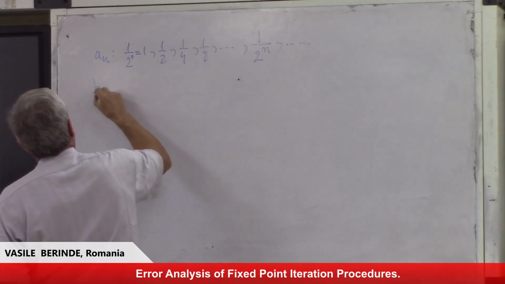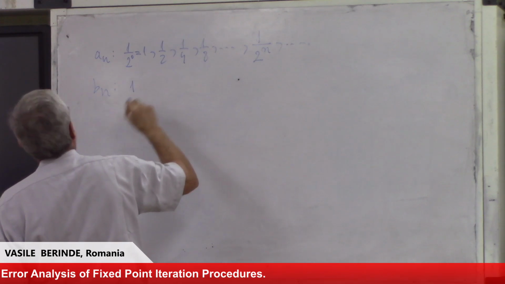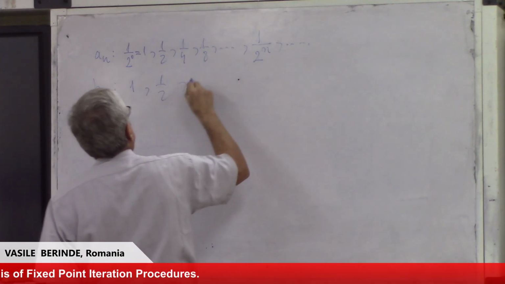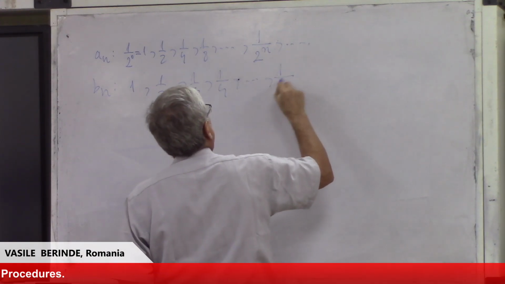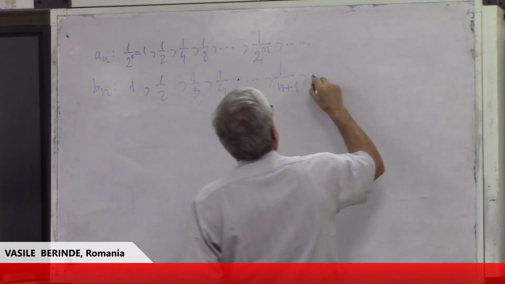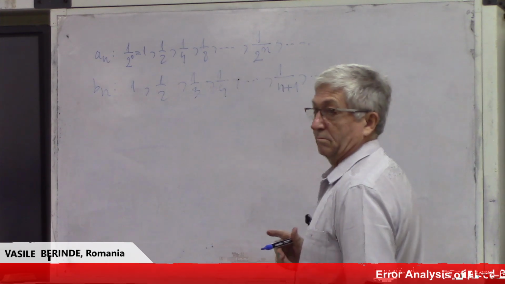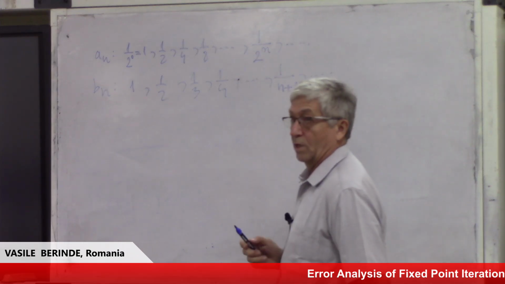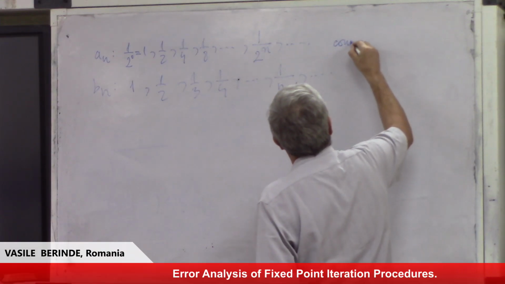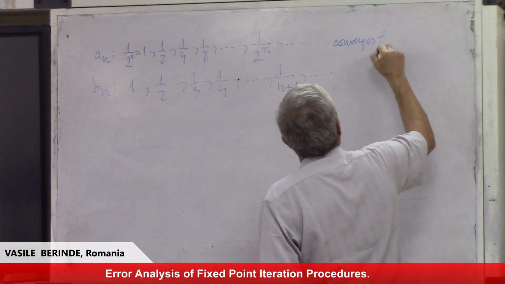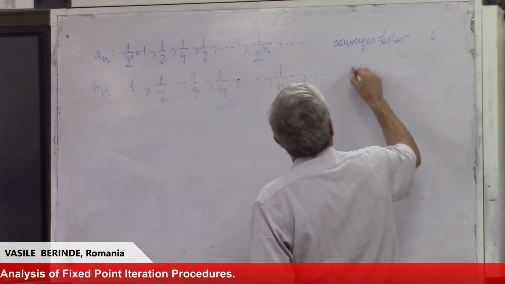And Bn is 1, 1 over 2, 1 over 3, and so on. Which converges faster? It's clear, this one converges faster because we approach 0 faster than with this one.